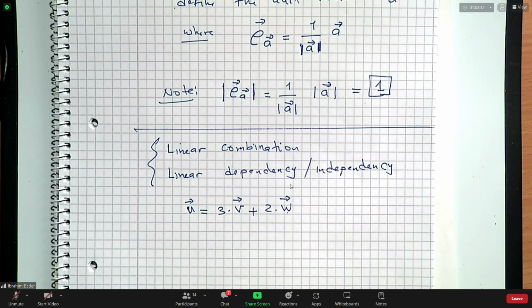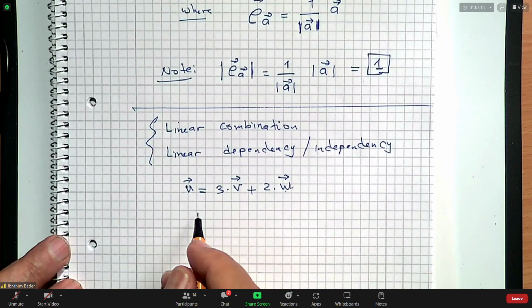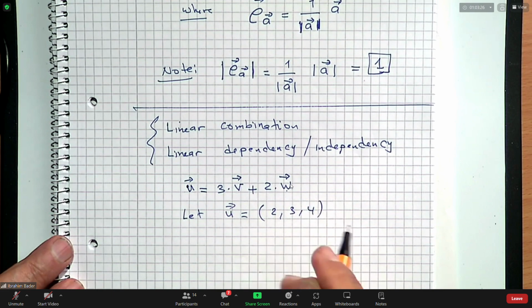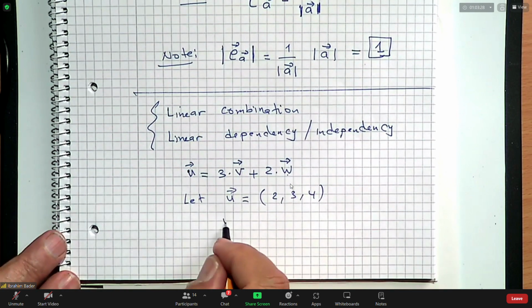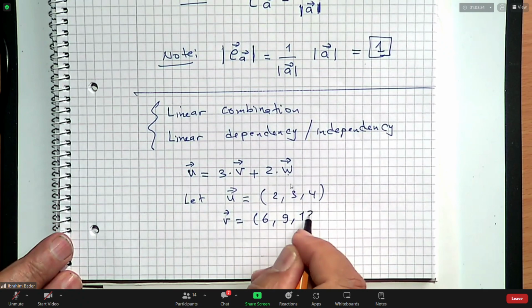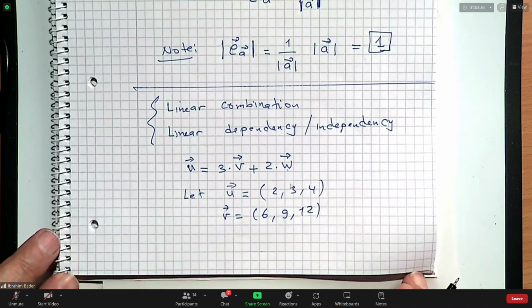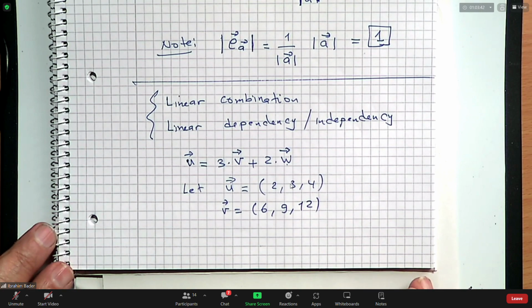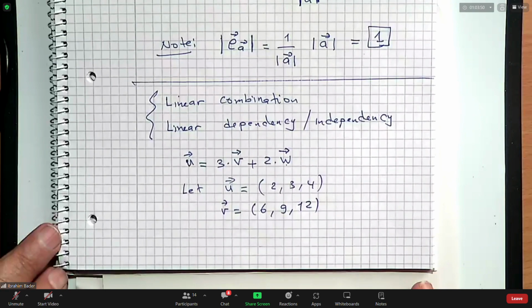I give you a very simple example here. Let's assume u equals the 3-dimensional vector 2, 3, and 4, and v equals the vector 6, 9, and 12. Is one a linear combination of the other?